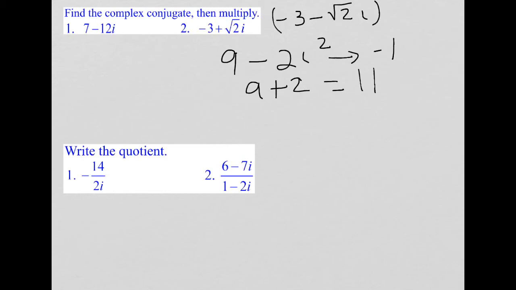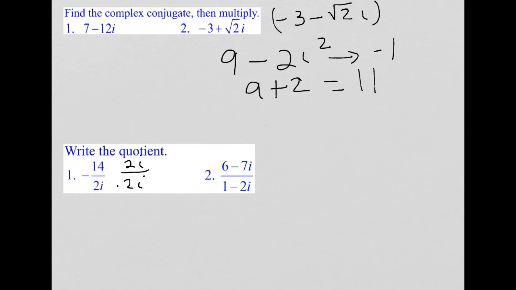Next, this is the reason why we find the conjugate, because we need to write the quotient. Okay, the first one is not a binomial, it's just a monomial. Well, that's going to be easy to get rid of. All I need to do is multiply times itself. So that's going to be 2i and 2i.